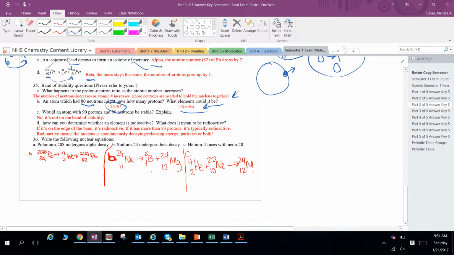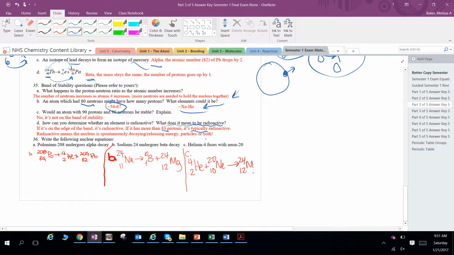Like we talked about, if it's on the edge of the band, but also if it has more than 83 protons, it's typically radioactive. So larger atoms are more unstable, or they have isotopes that can be unstable. And again, radioactive is when the nucleus is spontaneously falling apart, releasing energy and small particles, or even both.